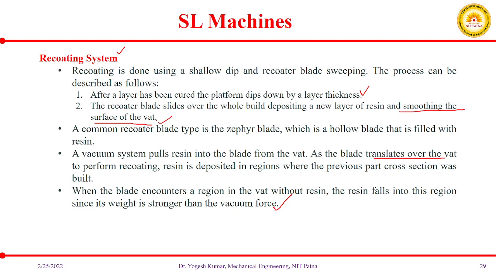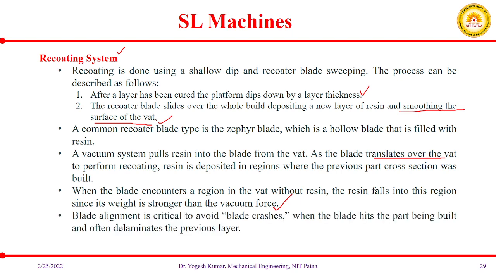One thing is very important in the case of your recoating system: the blade alignment. If your blade alignment is not proper, your blade may crash. How will it crash? It will crash when the blade hits the part being built and often delaminates the previous layer.